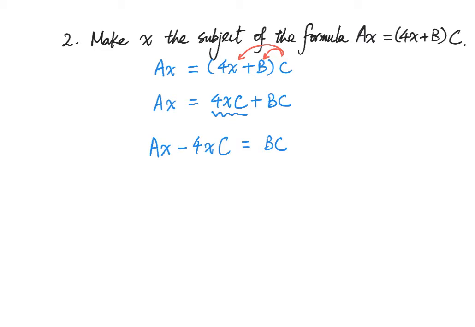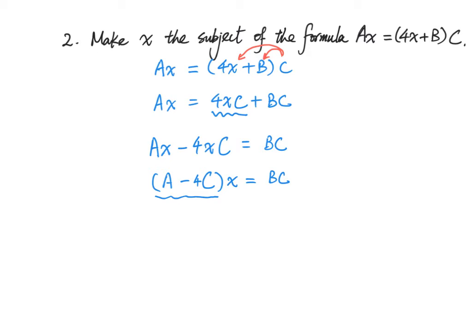Now, because there is more than one term including x, we take out the common factor x, and a is left for the first term, and 4c is left for the second term, negative 4c. So on the right hand side, which is bc, and here on the left hand side, the bracket multiplied by x equal to bc.